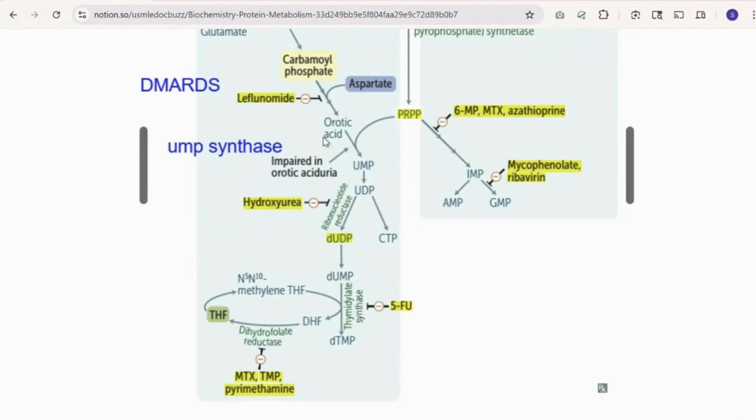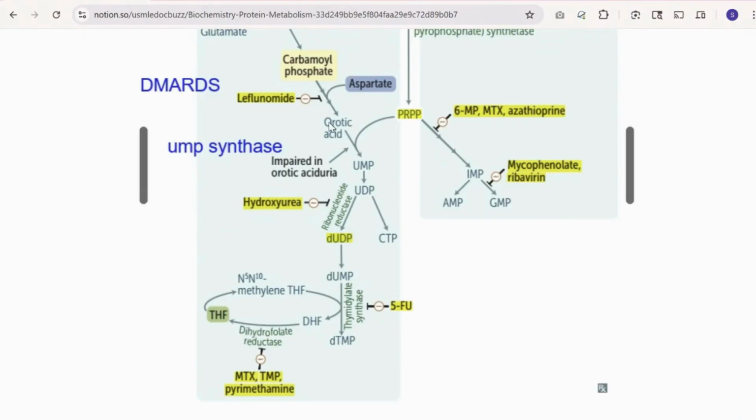But because of this orotic acid forming, is anything else forming here? No, you're not making any DNA. And if you don't make DNA, can you mature your RBCs? No, they're nice and big. It's causing megaloblastic anemia. Simple, right? Similar to vitamin B12, similar to vitamin B9, it's causing megaloblastic anemia.